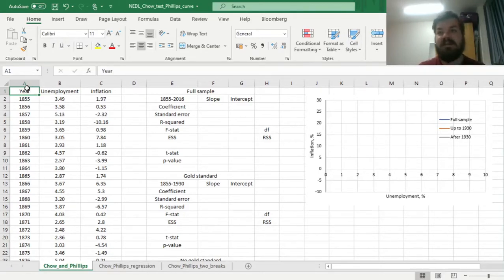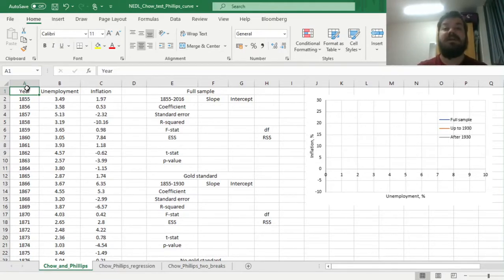It involves estimating a regression on the full sample and on subsamples that are determined by applying some cutoff point. And by selecting this cutoff point, you can see whether a model that is estimated separately on subsamples has better explanatory power, explains more of the variance of the dependent variable, and leaves less variance unexplained.